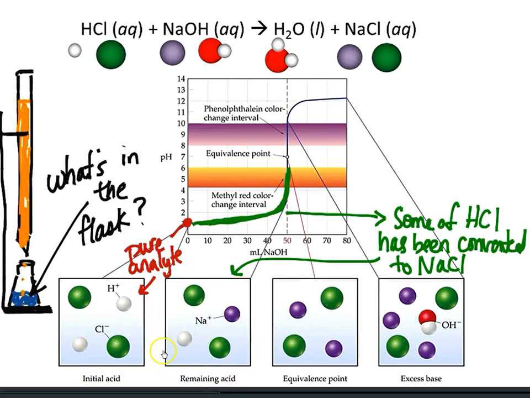And it just depends on how many you have. At the 10 mil mark, you would have an excess of hydrochloric acid, and then you're getting less and less as you get up to the equivalence point. All the way up to the equivalence point, just before it, you have a little bit of excess H plus, which controls the pH.